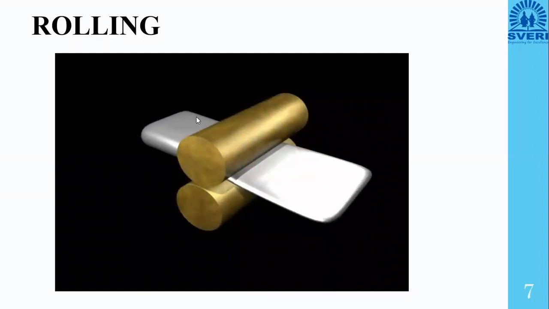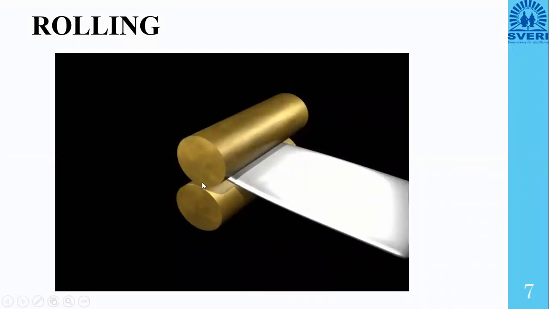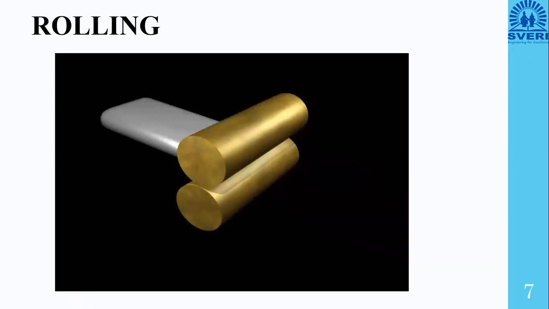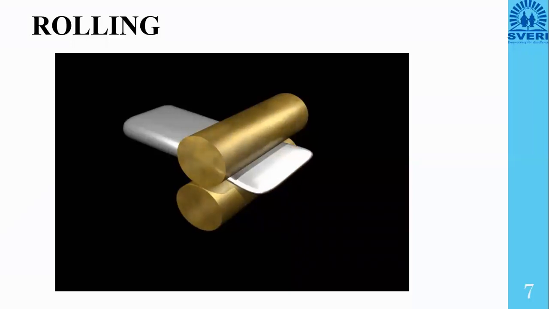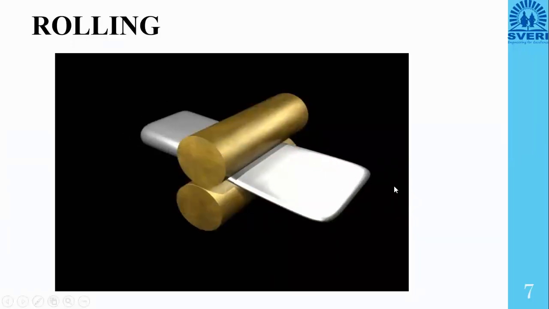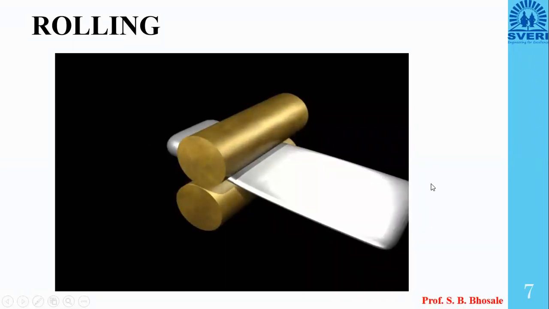So this is the incoming velocity, this is the outgoing velocity. The rollers are of the same diameter, so R is there. When the material comes out after squeezing from the roller, this is the outgoing velocity, and this is the incoming velocity. Okay, so that is what we are going to find here.